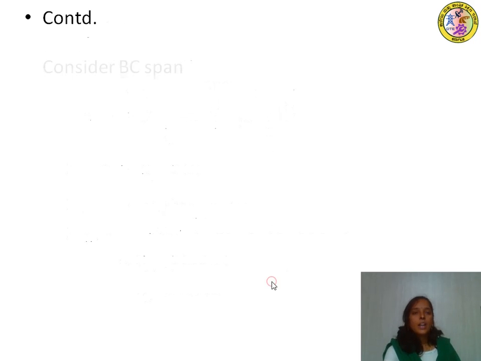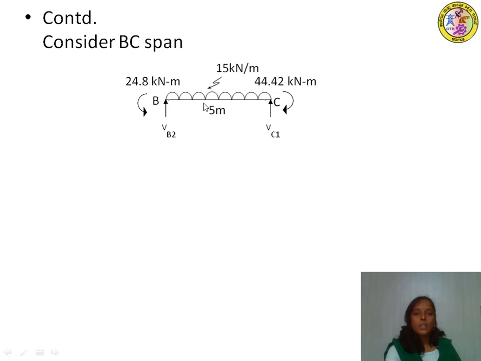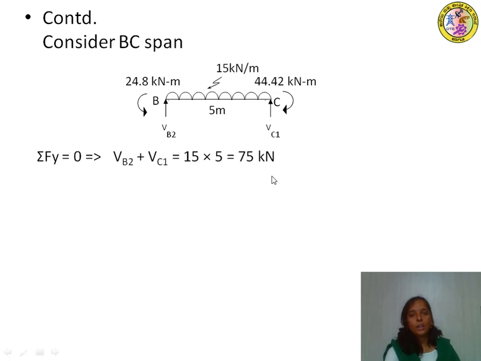Next we will calculate reactions for member BC. BC is subjected to UDL of 15 kilonewton per meter. End moment at B is minus 24.8, that is MBC, and MCB is equal to plus 44.42. Apply the equilibrium conditions. Sigma Fy is equal to 0, which implies VB2 plus VC1 is equal to 15 into 5, that is 75 kilonewton.